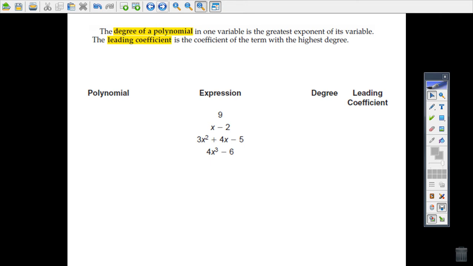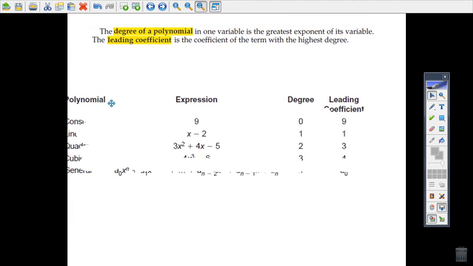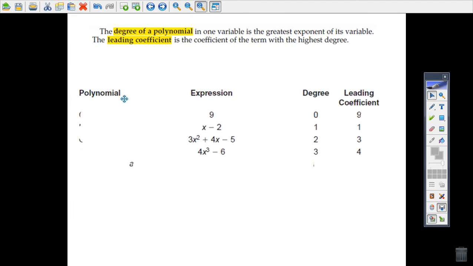So there's a little table here that I had going for you, and I filled out the expression one. We're going to figure out what kind of polynomial it is, what degree it is, and what its leading coefficient is. So when the expression is 9, what kind of polynomial is that?